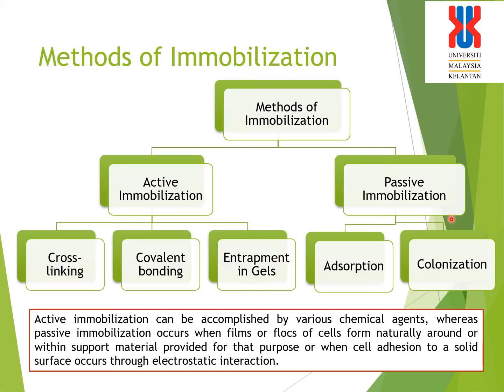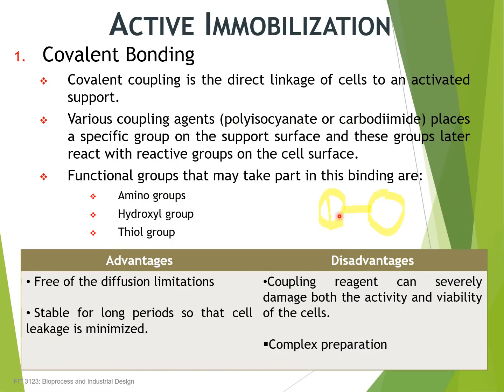But for passive immobilization, you just let it form a floc naturally, and it will be attached to your cell naturally, according to electrostatic interaction. So we go one by one.